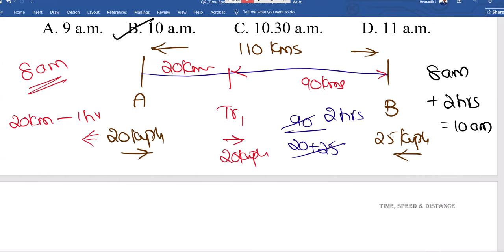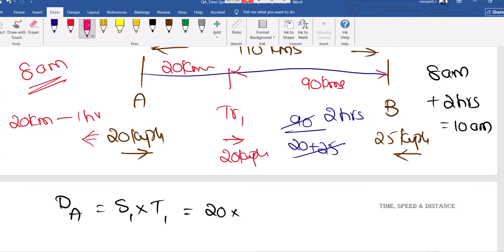From station A, which train is coming? Train 1. So the distance from station A is nothing but the distance traveled by train 1. How much is the speed of train 1? 20. How much time traveled? 3 hours, not 2 hours, my dear.